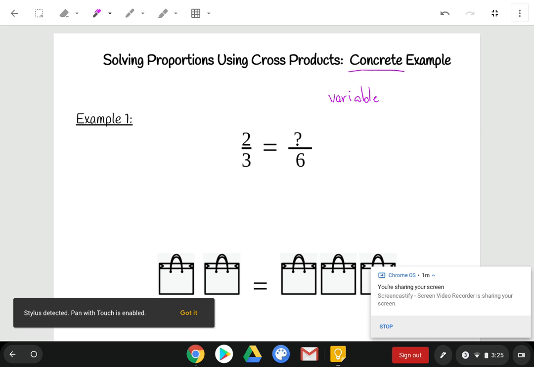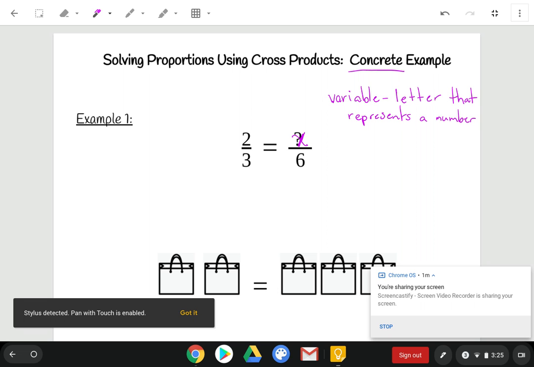And all a variable is, is a letter that takes the place of a number. Okay, and it could actually be a symbol or something such as that. I don't want you to think that it has to be a letter. That's not necessarily true.